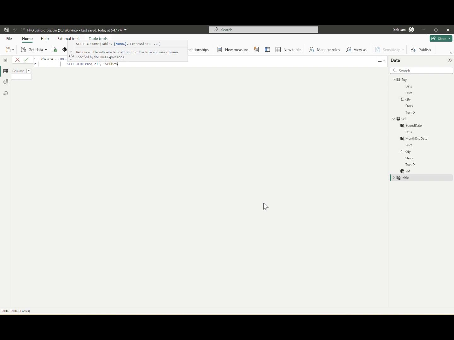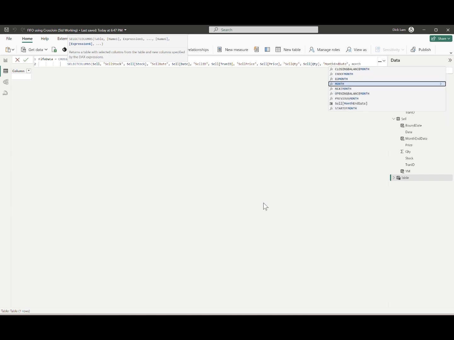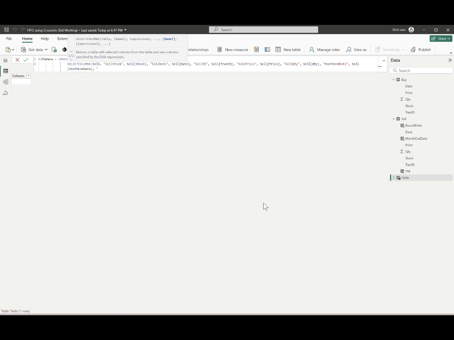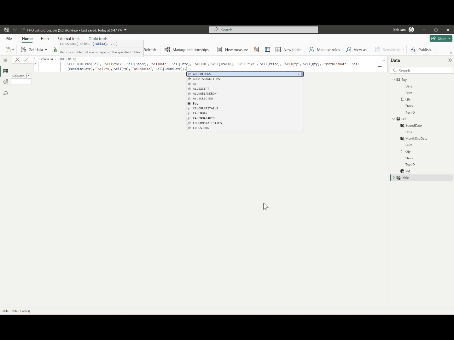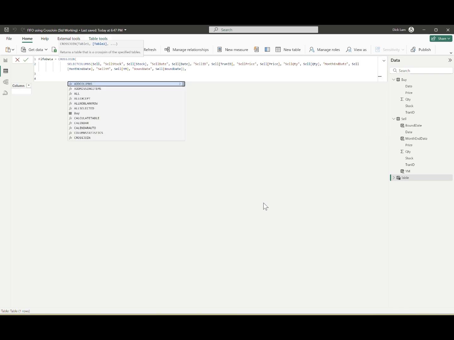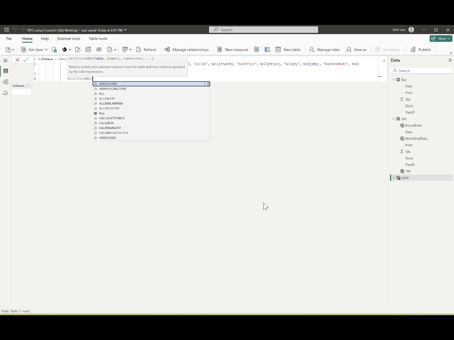I do it one by one. Then I link up the secondary table, the buy table. I still need to use select column.